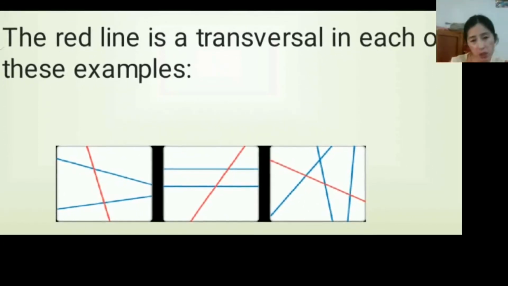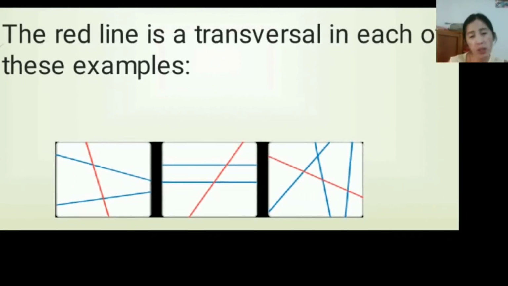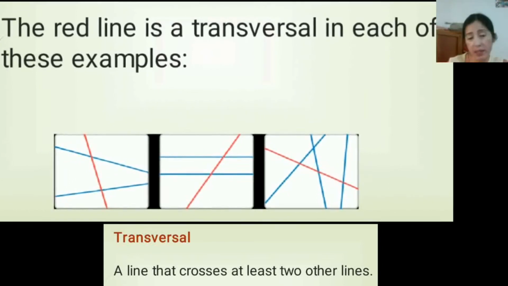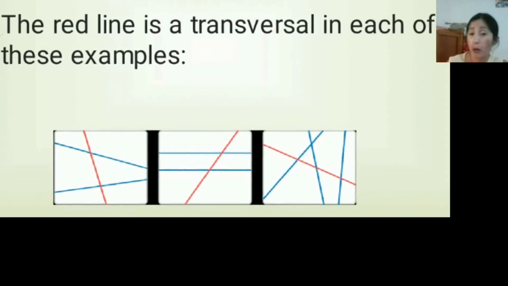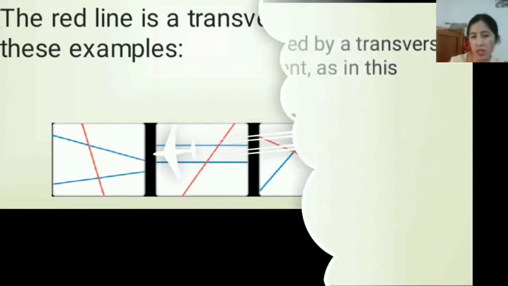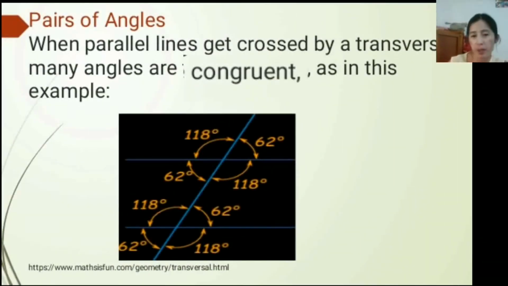In the third picture, there are also blue lines that are being crossed by a red line. Remember, these red lines are transversals, according to the definition of transversal, okay? So we are going to study here the angles that are formed by a transversal crossing a pair of parallel lines, just like this example here in the middle.